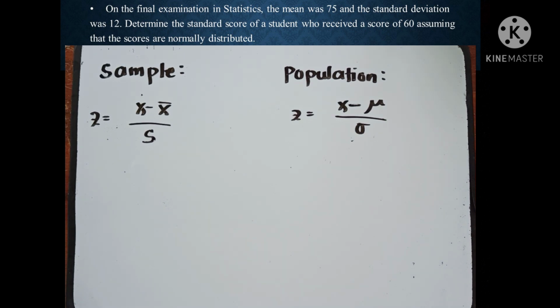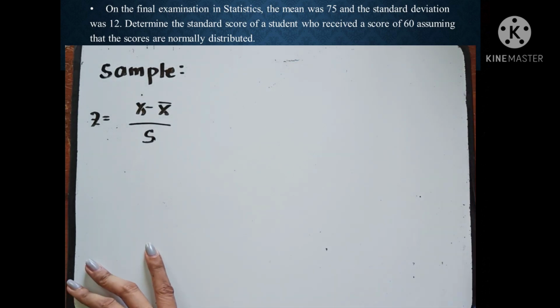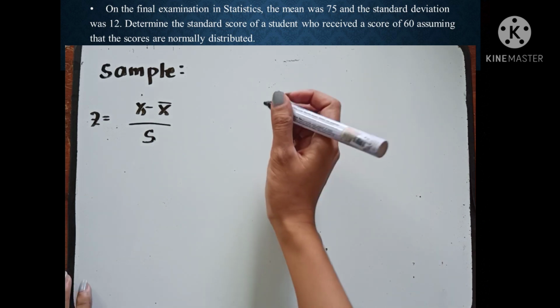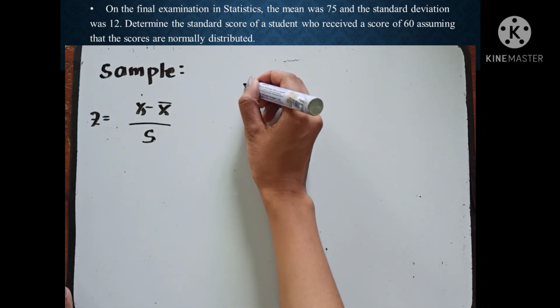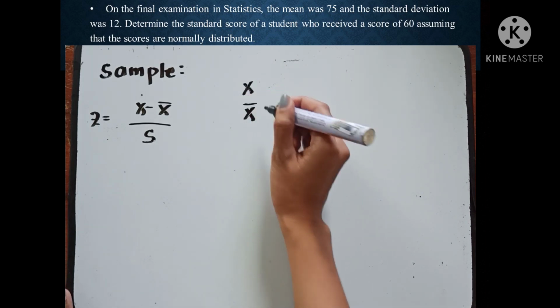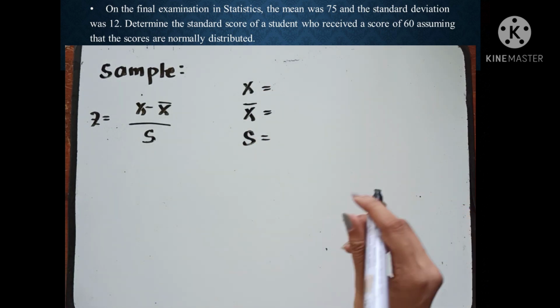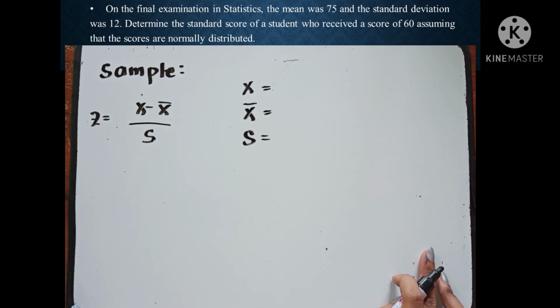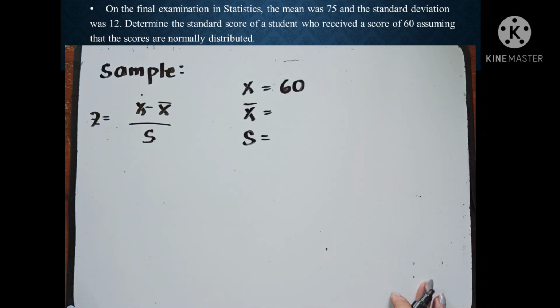We're going to convert this raw score into z-score. To find the z-score, lagay lang natin lahat ng given. Ano yung x, ano yung x bar, ano yung value ni s? Yung x natin is the raw score or the observed value, so yung ino-observe natin na value is 60.